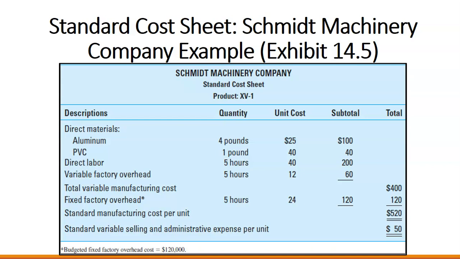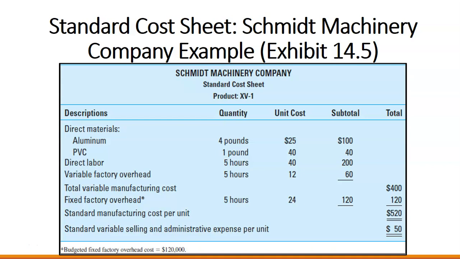We also have standard variable selling and administrative costs per unit. We would use these standards when creating our budgets and our flexible budgets, and we would use these standard rates to compare against our actual results.